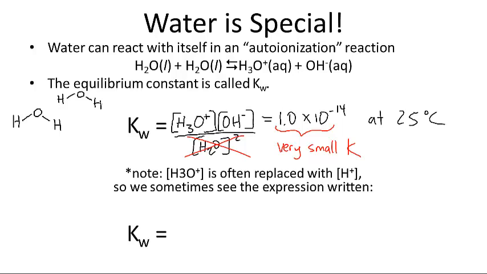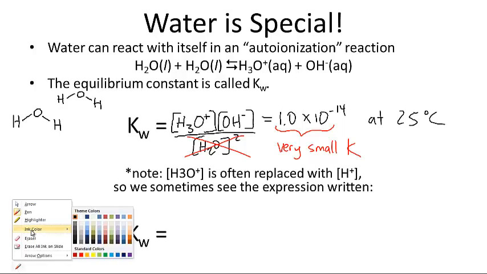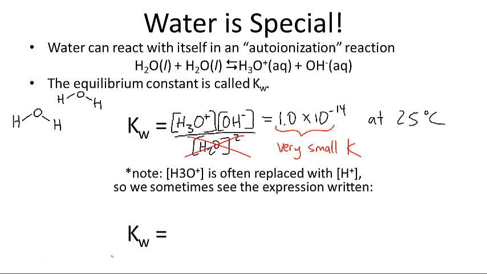What happens in this autoionization reaction is that hydrogen bond actually becomes a real bond, and the other bond breaks. So it's this lone pair on one oxygen kind of reaching out and grabbing the hydrogen from the other one and breaking that other bond.